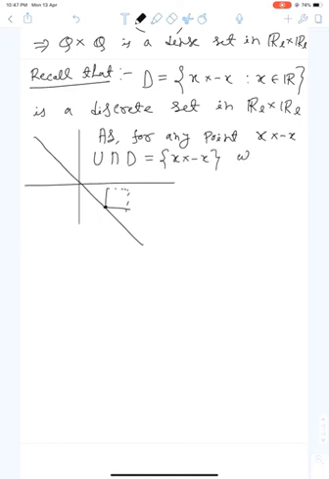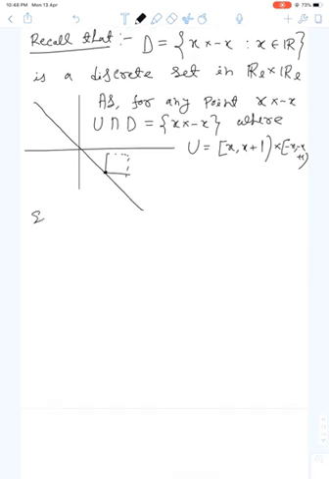What is my U? U is equal to that set, that is [x, x plus 1 by n) cross [minus x, minus x plus 1), this one, right? So if we choose my U equal to this, then U intersect D equals a singleton. That means any singleton point is open in D, so D has the discrete topology.